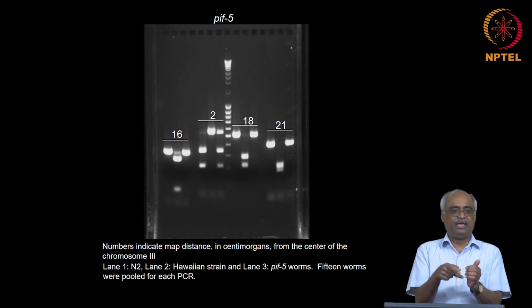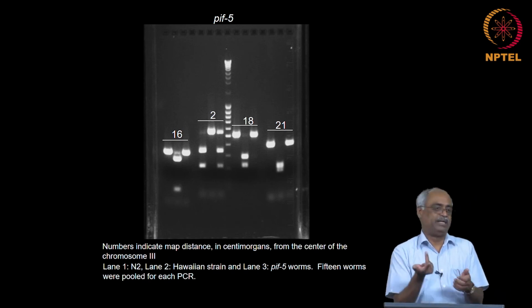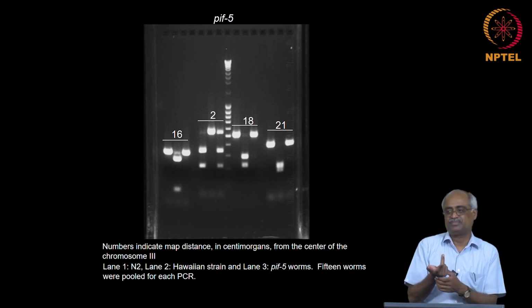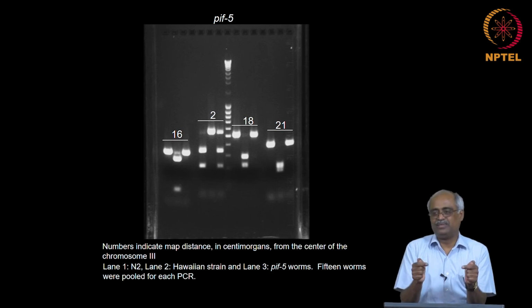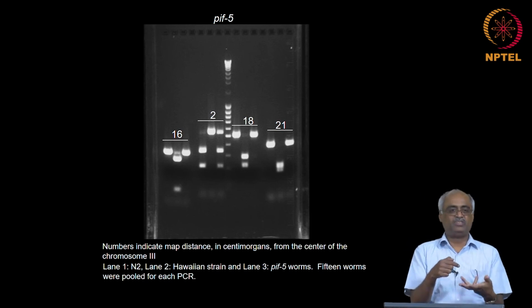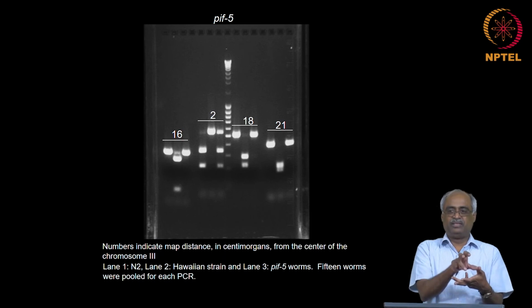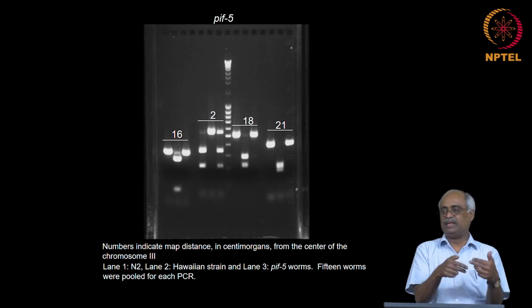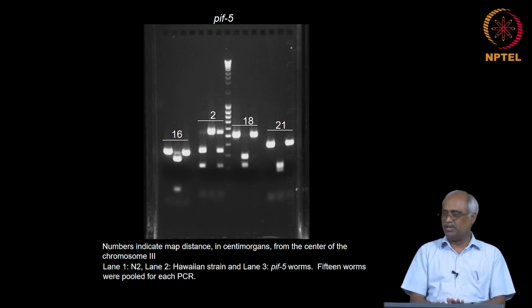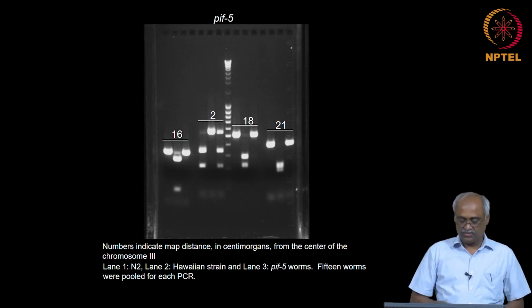Now, let us say that variation affected a particular restriction site. After amplifying this PCR product, if I digest with the enzyme, the one where the SNP does not affect the restriction site will get cut into 2 pieces, and the one where it affects the site will not be cut. That is what we are doing here.